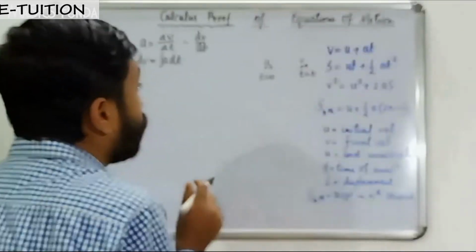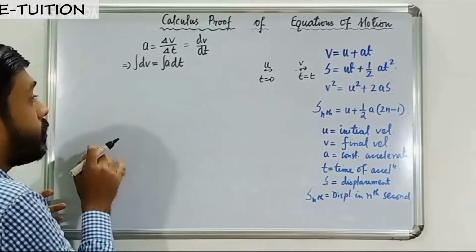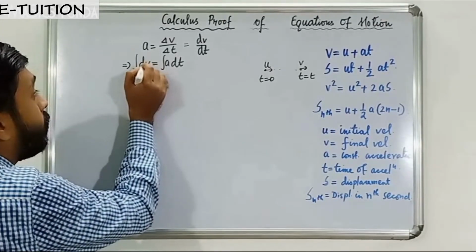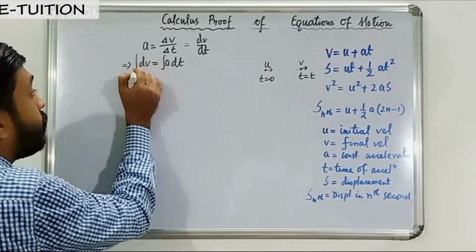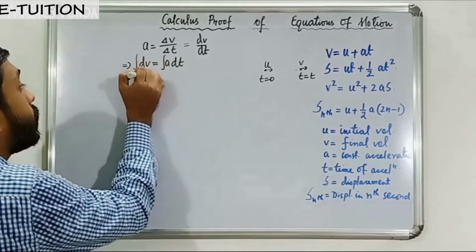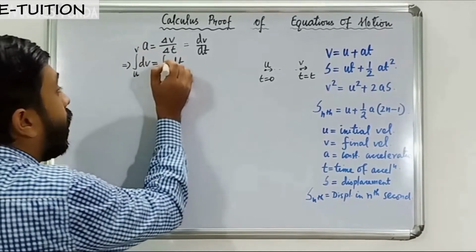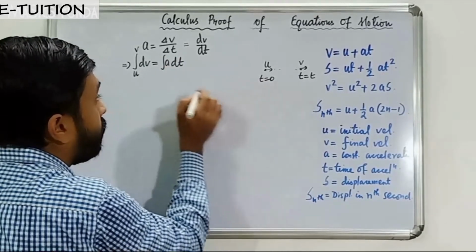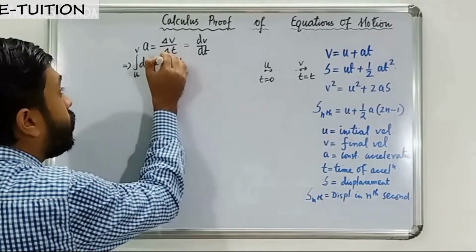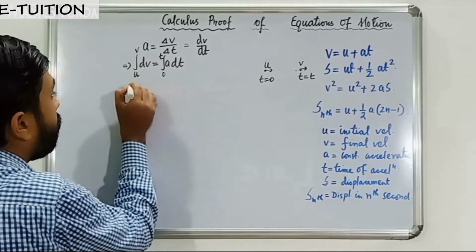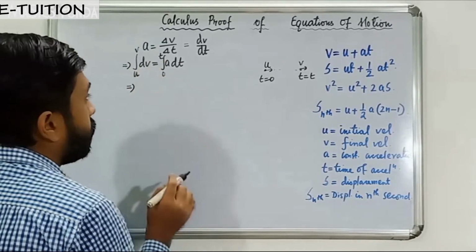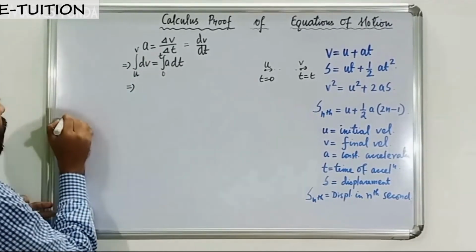And so we need to put the limits over here. The limits for velocity: the lower limit is u, the upper limit is v, and the limits for time are from 0 to t. The integration of dv is v, as you know already.